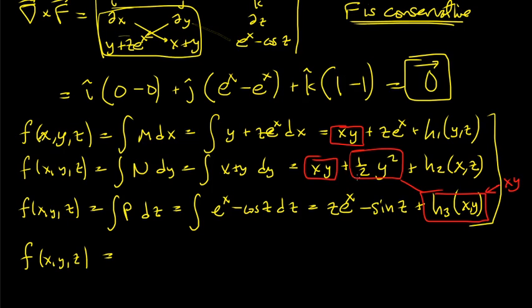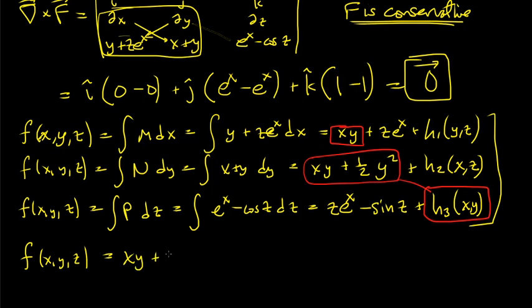Yeah, it has to include that too, right? So xy plus 1/2 y squared. It's the whole thing. Right. So that's just a function of x and y. Okay, so xy plus 1/2 y squared.